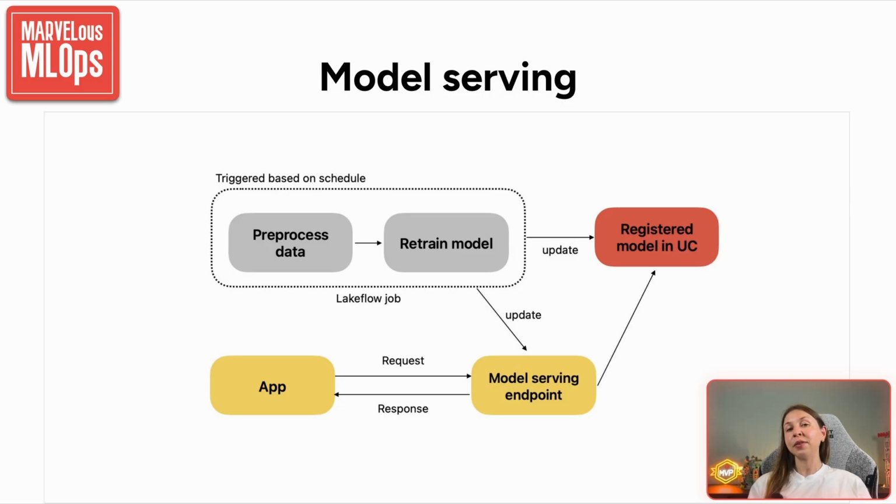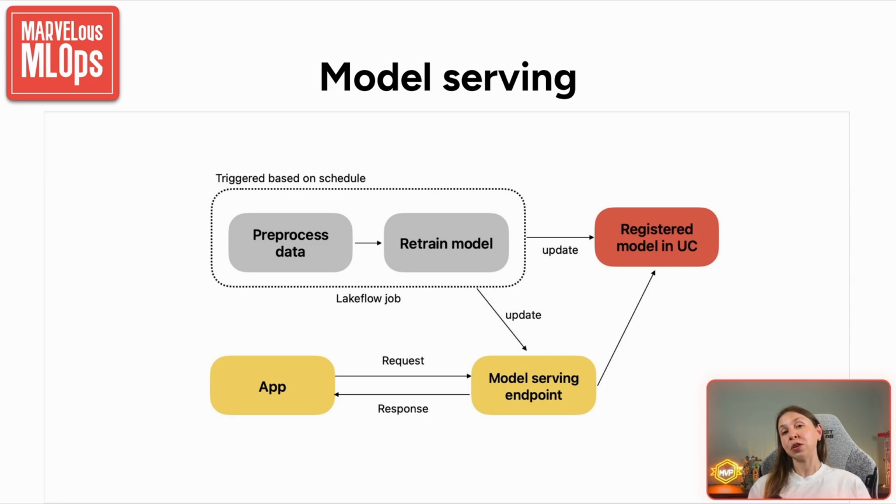Let's take a look now at the second scenario, model serving, which is also a very simple scenario similar to feature serving. That's what we are going to serve in this course. We are going to serve the custom model that we registered earlier. In the case of model serving, we have a Lakeflow job that does data pre-processing and model retraining, and in the end, we register model in Unity catalog.